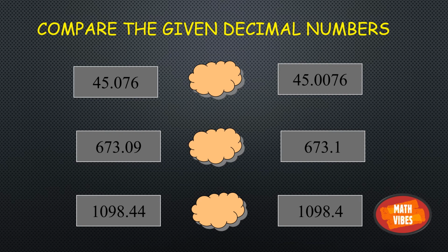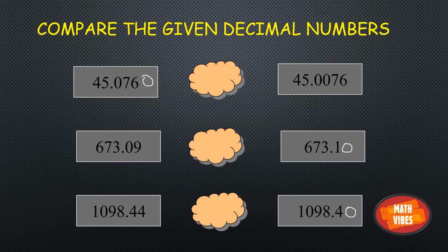See, in the very first part we have to add one zero to make it like, sorry, and in the second one, 673.09 and 673.10, we have to add one zero here to make them equal, and in the third one we have to add one zero here to make them equal.